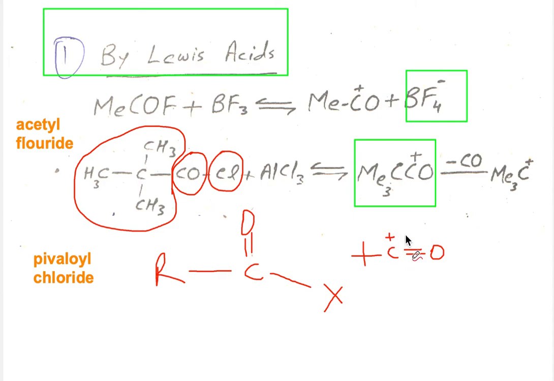So the positive charge is on carbon, which pulls covalent electrons toward itself, and this bond breaks with the removal of carbon monoxide. The removal of carbon monoxide is always a favorable process, or it can be carbon dioxide in some other cases, or it can be an ethene molecule or water molecule. So the fragmentation of any molecule with the removal of these kinds of small molecules always favors a chemical reaction to gain more stability.